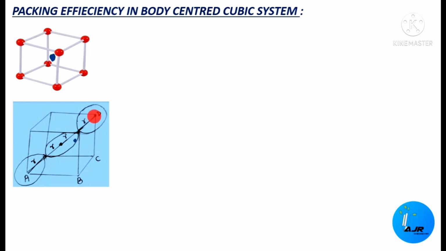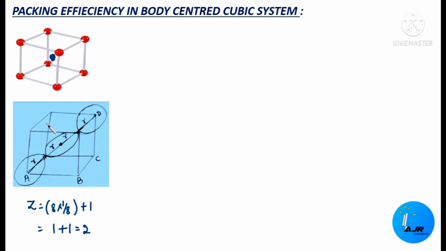The distance between the nuclei is R in each case. Now let us see what Z is. Z for this one is 8 into 1 by 8 for the corner atoms, plus 1 body center. That's equal to 1 plus 1, which is 2.